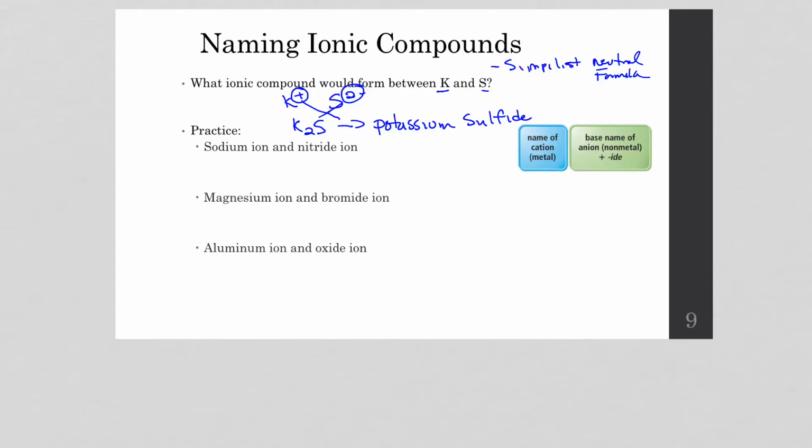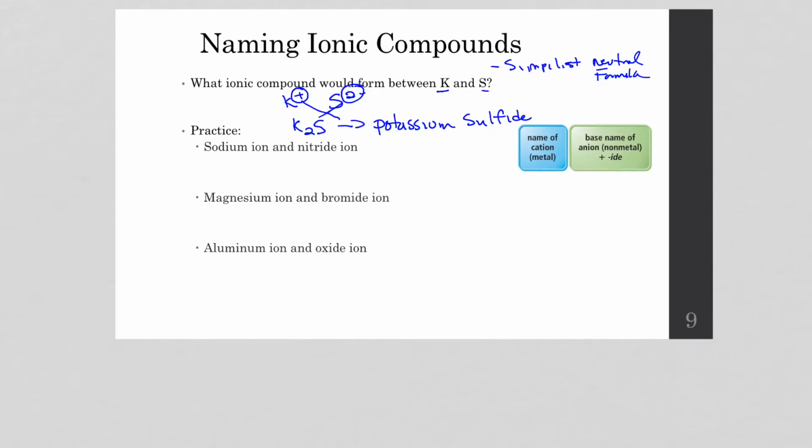Now, when we think about these nonmetals and they're going to change their endings to IDEs, there's a set of common ones that are listed in the book, and the more you use them, the more familiar you'll become with them. So we just saw that sulfur is sulfide. The halogens are pretty straightforward.